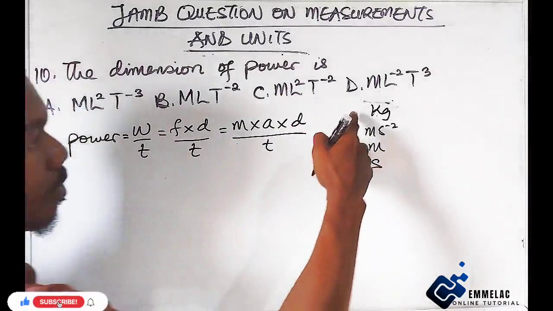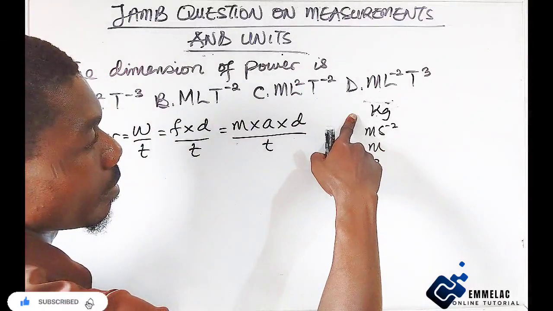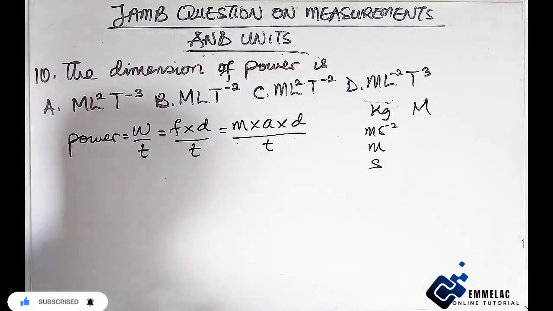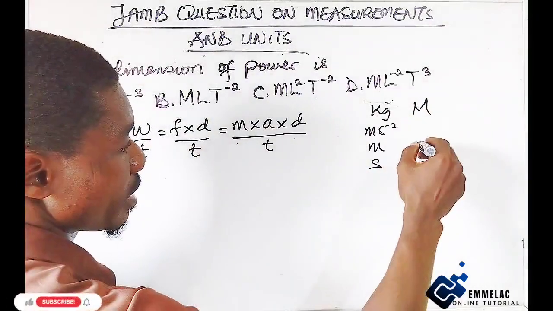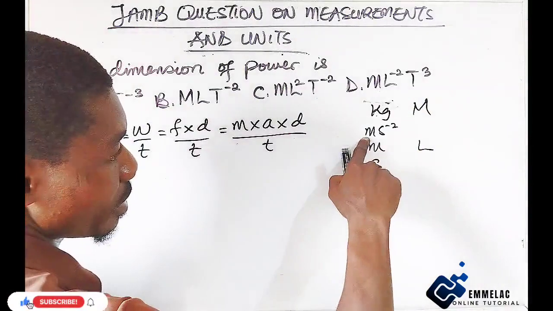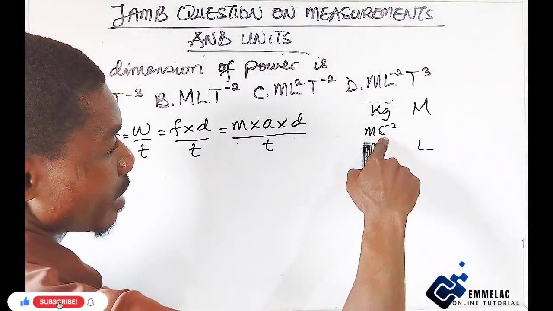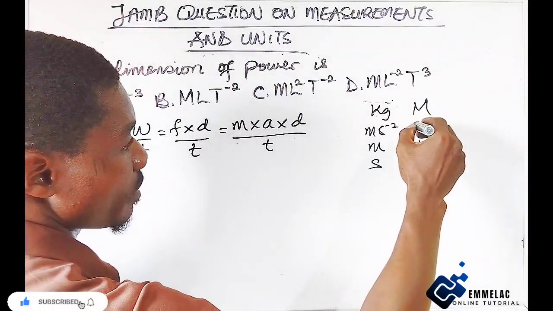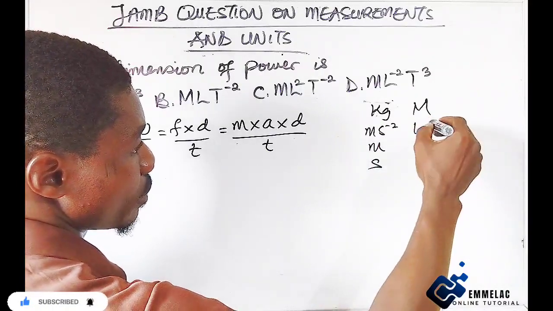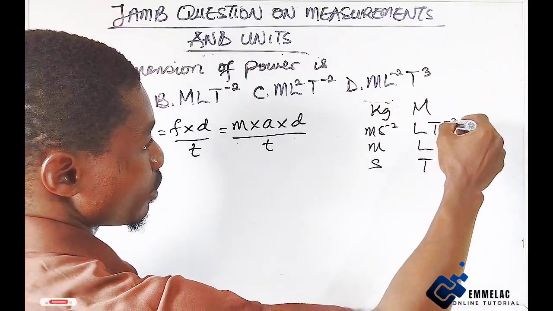Now the dimension for kilogram is the capital M. Now the dimension for meter is L, length. Now for meter per second square, here you have L, then for seconds it is T, so here you have T raised to the power of -2.